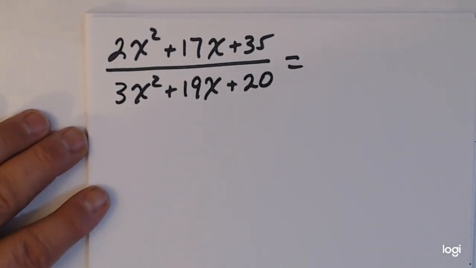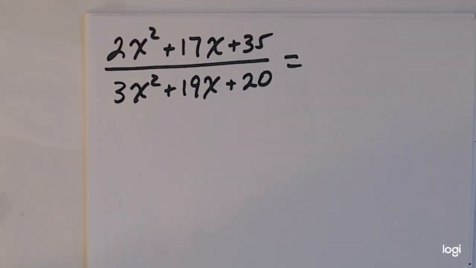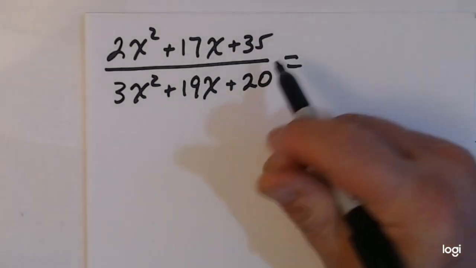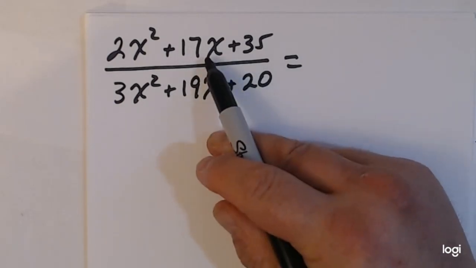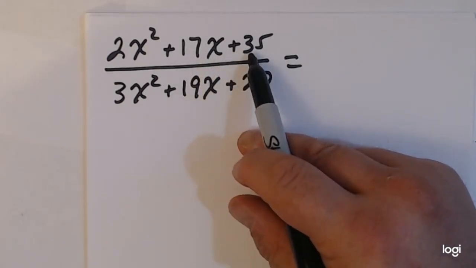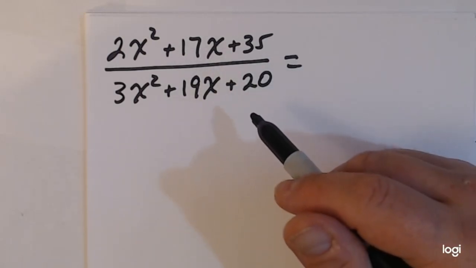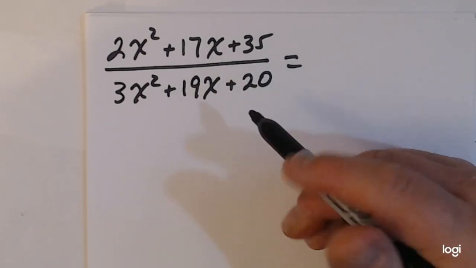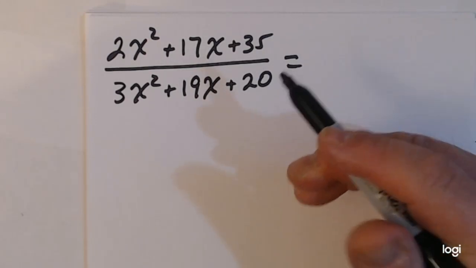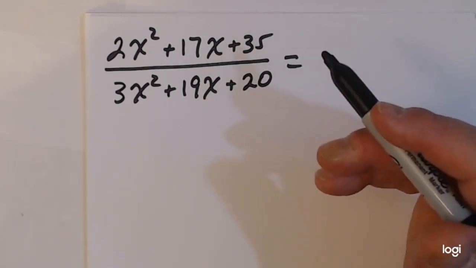Now, this one is a step up in difficulty. But think of this. Let's look at the numerator first. We have a 17 in the middle and a 35 here. Now, 35 is 7 and 5. That's it. I mean, it's 35 and 1 or 7 and 5.